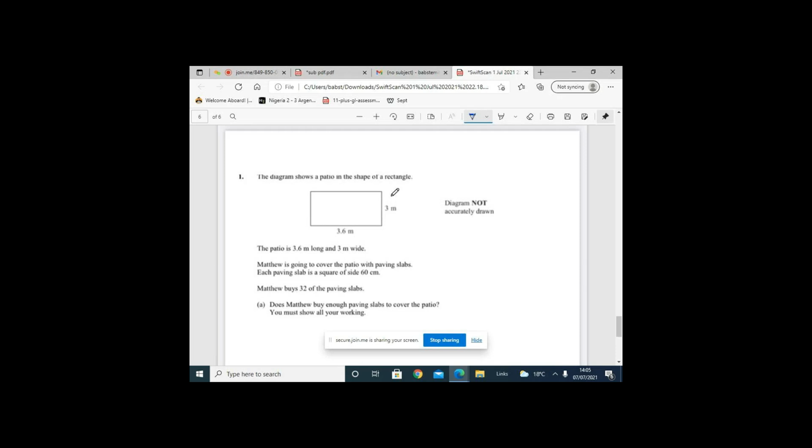It's okay. This one is going to be 30. Sorry, so centimeters. This one is going to be 300 centimeters. It's going to be what? 3,600. Oh, sorry. It's 300. This one is going to be 360.